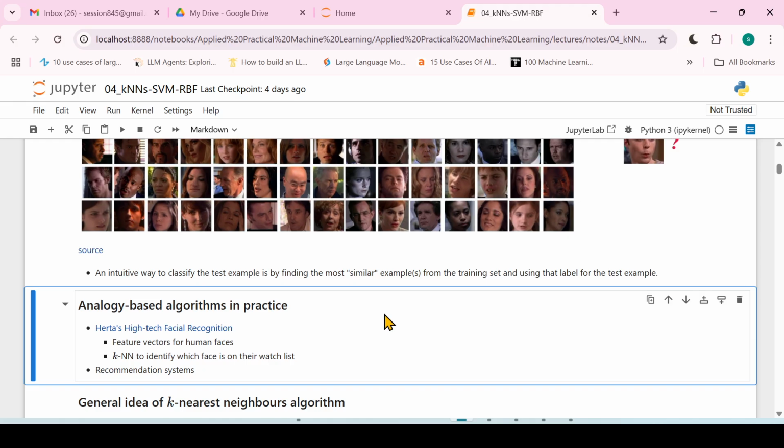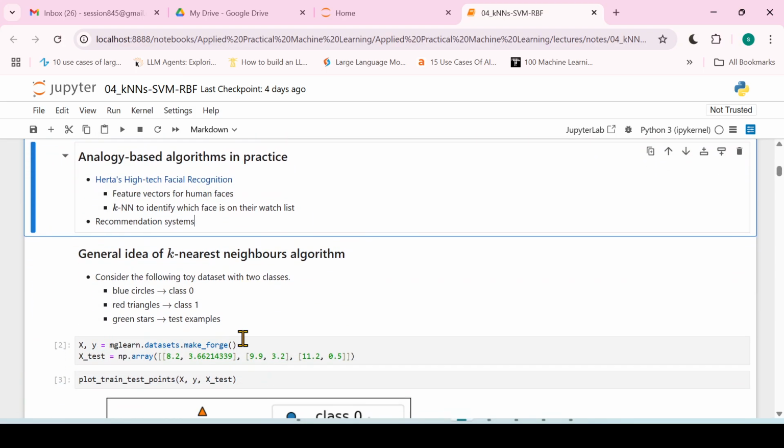In facial recognition systems, we just collect the feature vectors of human faces, and then KNN will help you identify which face is very similar in the feature space. You can also build recommendation systems. So there are a lot of practical examples for KNN.